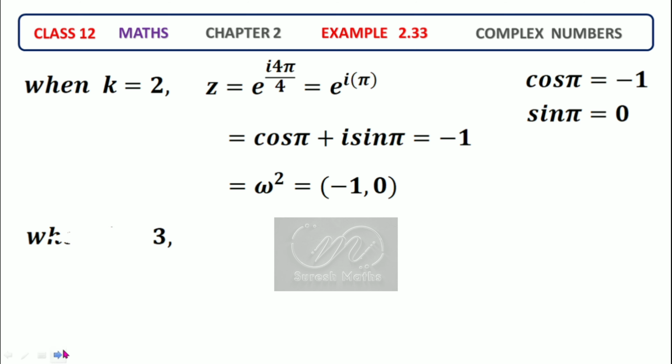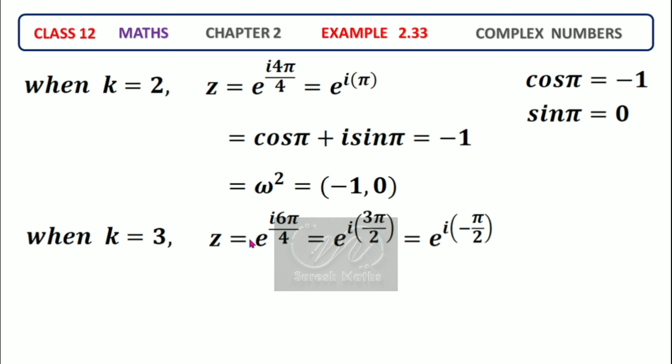When you substitute k equal to 3, z equals e power i into 2k pi by 4, that is 2 into 3, 6 pi by 4, cancelling, 3 pi by 2. Here e power i into 3 pi by 2 is a positive direction angle 3 pi by 2. If we go from the x-axis like this, this is 3 pi by 2. Suppose we come in the clockwise direction, that is minus pi by 2, the negative direction. In the opposite direction, clockwise is the negative direction, minus pi by 2, and the positive direction is 3 pi by 2.